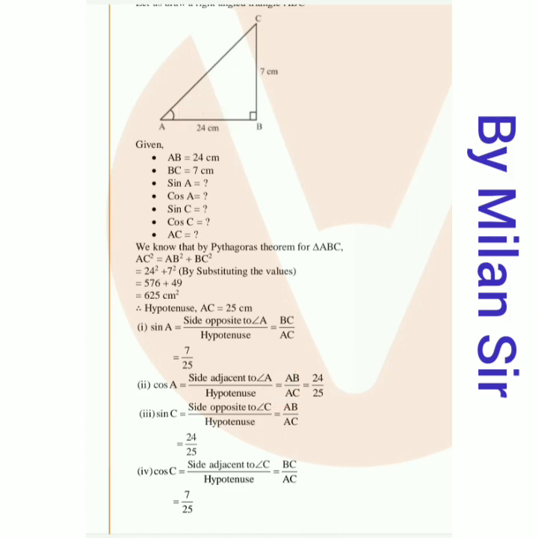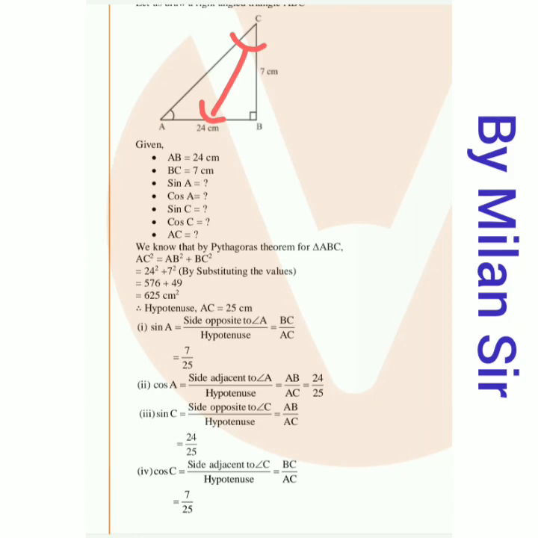Now sine C. Now this time our reference angle is C, so sine C, that means side opposite to angle C upon hypotenuse. Opposite side for angle C is AB and hypotenuse AC, so AB upon AC, put the values of AB and AC, so it's 24 by 25.